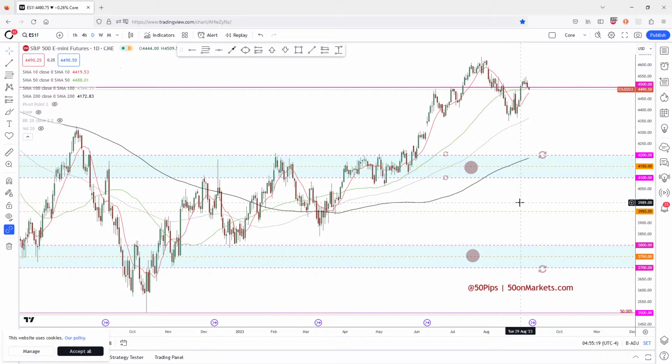Ultimately, unless something really crazy happens, if we make our way back into the 4,200, maybe Fed panics, we're getting towards the Santa rally kind of time, it may be a very interesting buy into the back end of the year. But for now, you have to be careful trying to buy these highs.